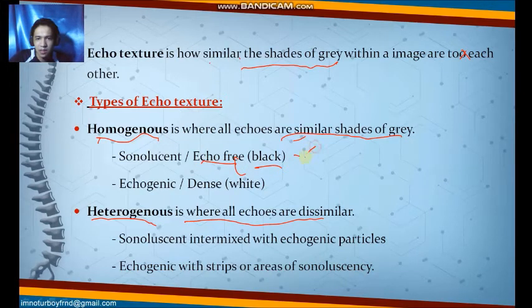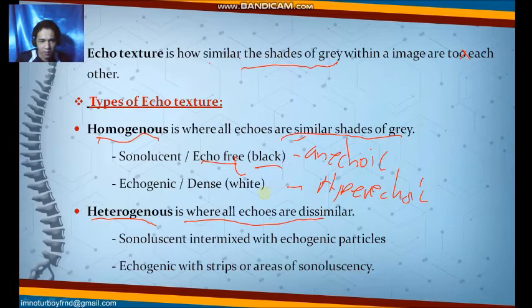We also call this anechoic. So there are similar terminologies. And then we have echogenic, that means they have a lot of signal, that means many echoes are returned to the transducer. That's why they appear white. Or it can be termed as hyperechoic.